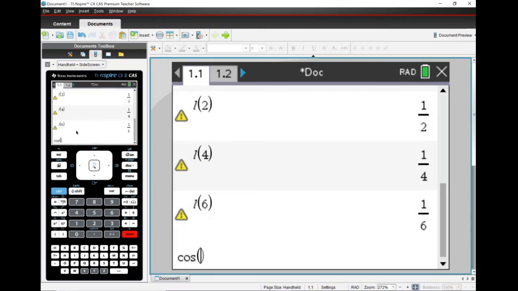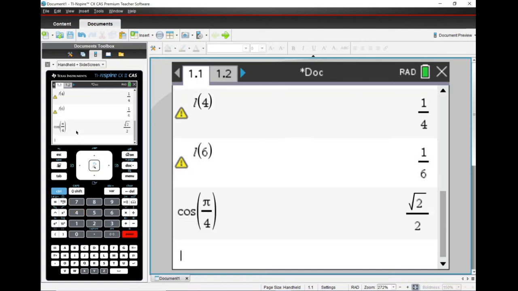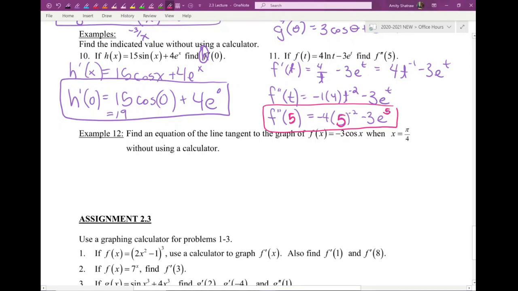I did know that the answer was the square root of 2 over 2, and you probably did too, right? So now that we have that, when x equals pi over 4, y equals the square root of 2 over 2. Okay, and so we can now go ahead and use that value.